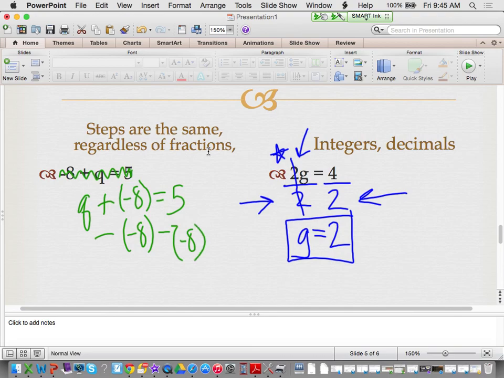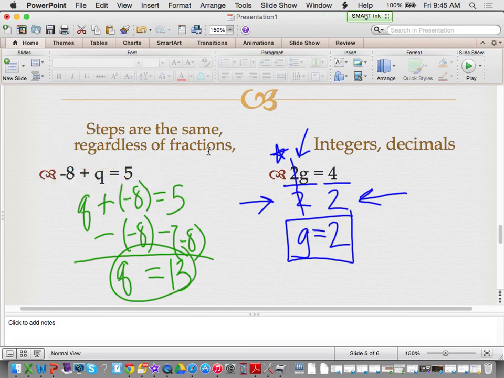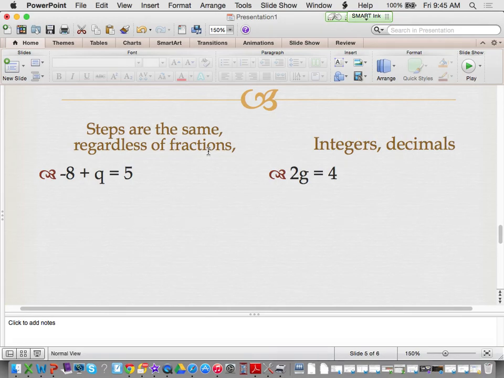So if I have a plus a -8 and then a minus -8, that's going to cancel and be 0. 0 plus q is q. Bring down my equal sign. 5 take away -8 is going to be 13. And if we go back and check in our original, if I were to put a 13 in here, -8 plus 13, what's that going to be? Well, it better be 5, and it is. So I know my answer is right. Hopefully that made sense going in and checking.